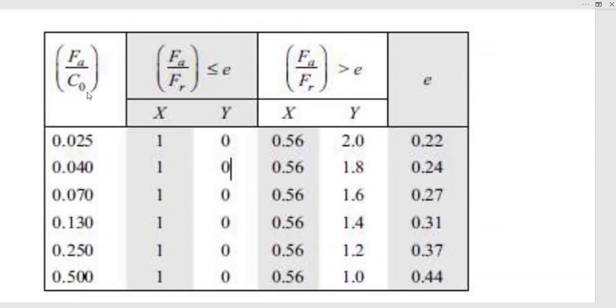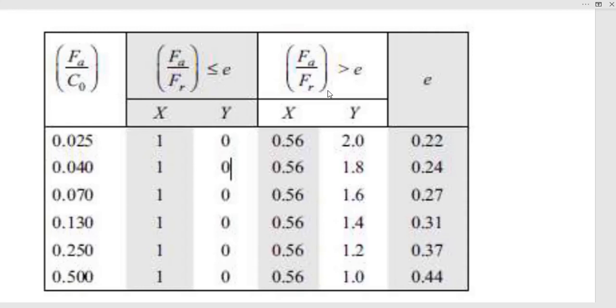FA divided by C naught. FA is the axial load, and C naught is the basic load at rest, which is the static load carrying capacity of the bearing. Then FR is the radial load.